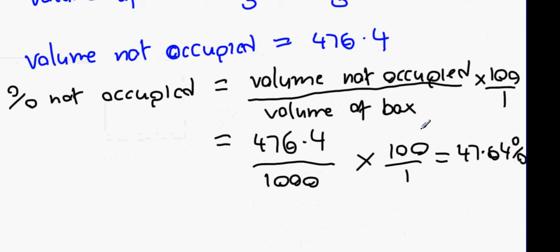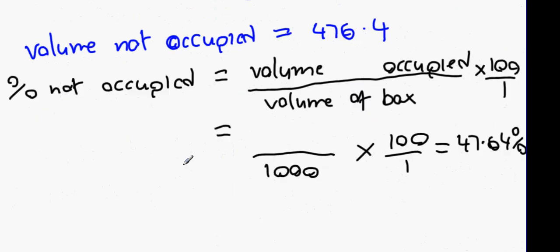So in this question I misread. I actually got the percentage not occupied as opposed to the percentage that's occupied. It's a very simple fix. All I have to do is just rub out this volume not occupied. And what is the volume occupied again? 523.6. Multiply that by 100 over 1.